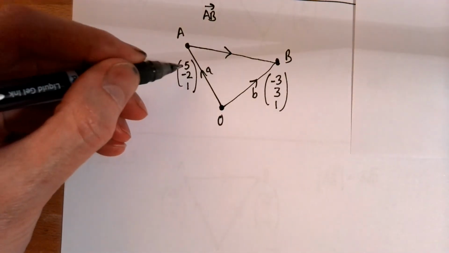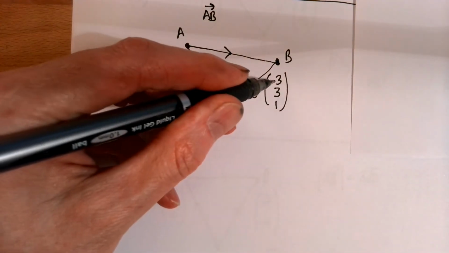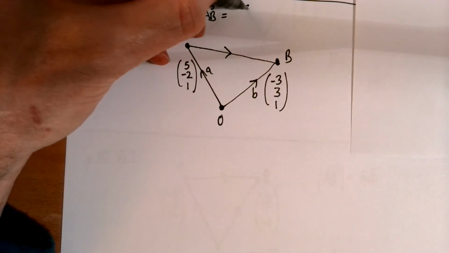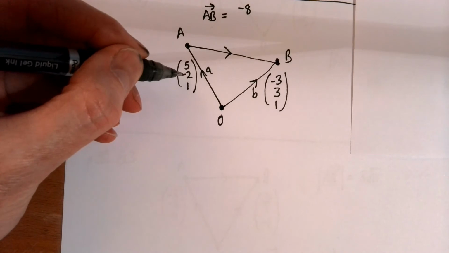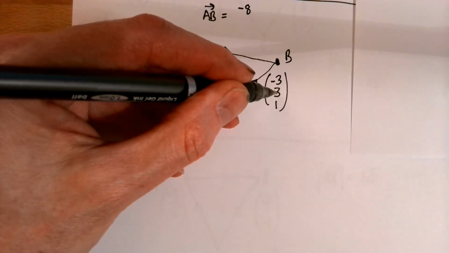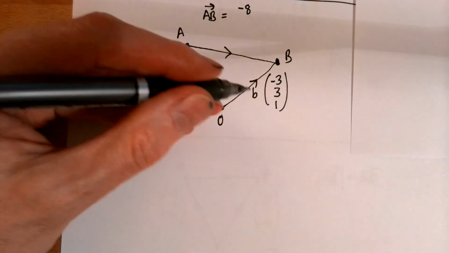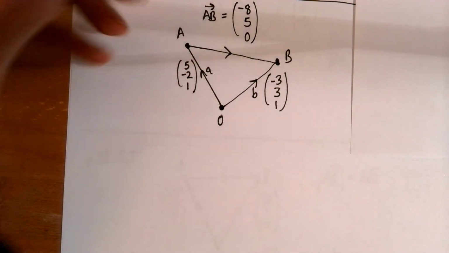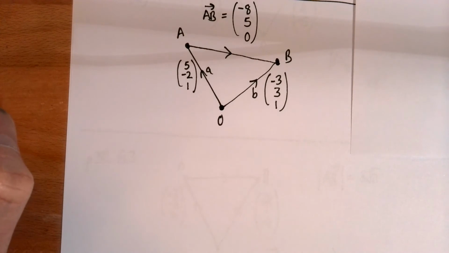So that is backwards down there and then forwards along there, so it's minus 5 and minus 3, and it's backwards along there and up there, so that's 2 plus 3, and minus 1 plus 1 is that one.